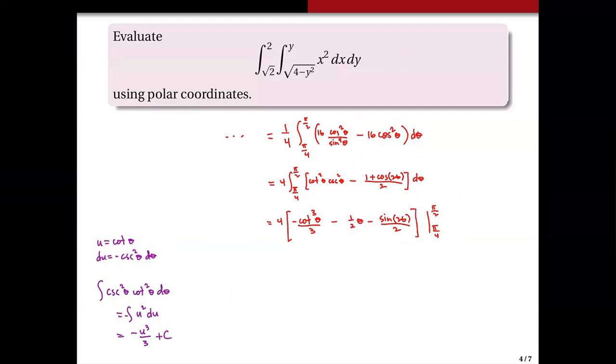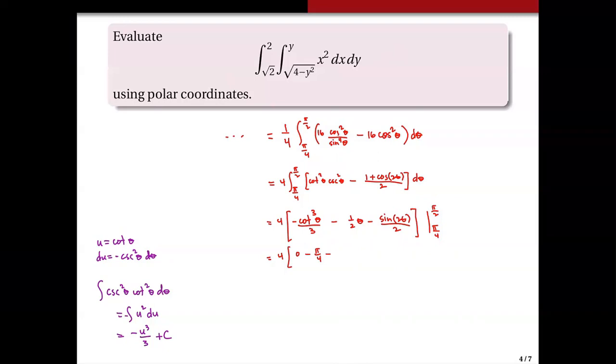So now, at pi over 2, cotangent cubed pi over 2, that's equal to 0. Right? That's equal to 0. So we will have here 4. So at pi over 2, we have 0 minus 1/2 of pi over 2, that's pi over 4. And then sine of 2 theta at theta equals pi over 2, that's equal to 0 again.